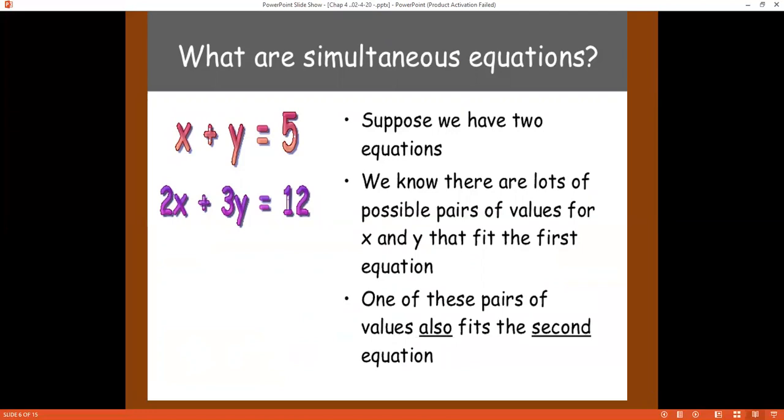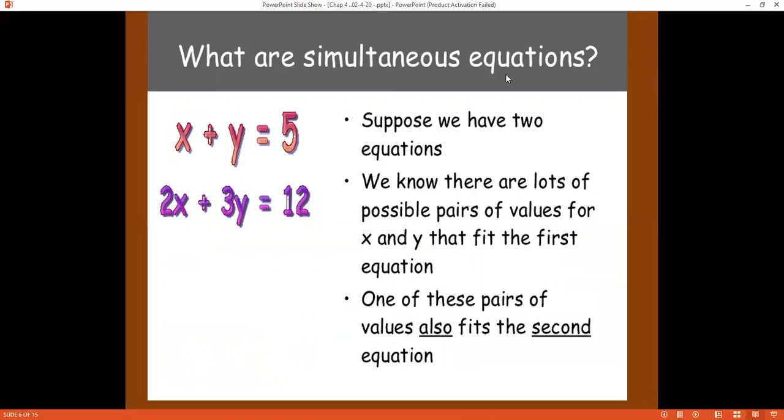What are simultaneous equations? Look at the screen. You have two equations: x plus y is equal to 5 and 2x plus 3y is equal to 12. Variables, x and y, can change, they can vary, and 5 is a constant, it can't change, it remains the same.